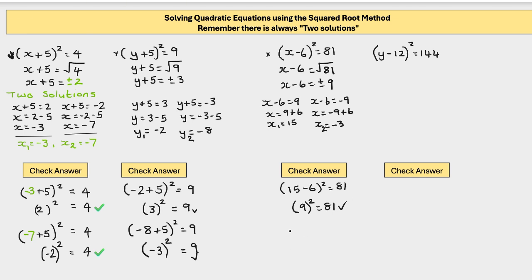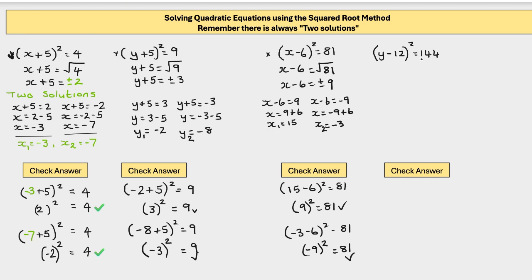Happy days. And now we'll do our negative, which is our solution 2, which is (-3 - 6)² = 81. -3 - 6 equals -9. And we know you can't square root a negative, so it's a plus. So the answer is 81. There you go. You've got your answers.